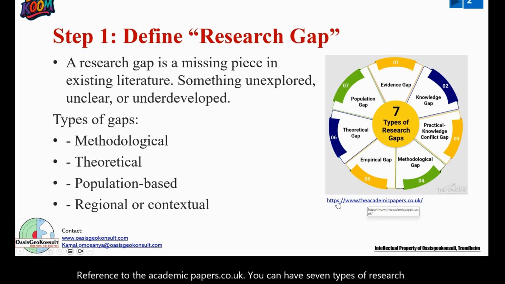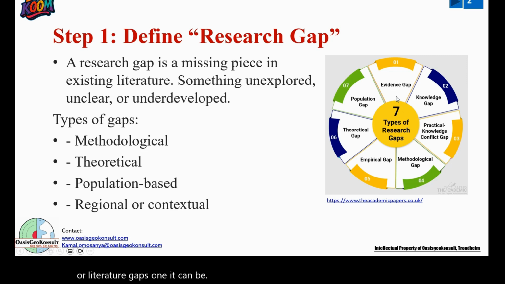One, it can be an evidence-based gap, which means the evidence is lacking in the literature. It can be a knowledge gap. It can be a practical knowledge conflict gap. It can be a gap in the methods or empirical gap, and it can be theoretical or a population-based gap, which means in the previous research, only few populations are being sampled or are being focused upon.